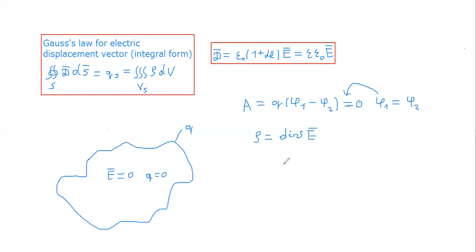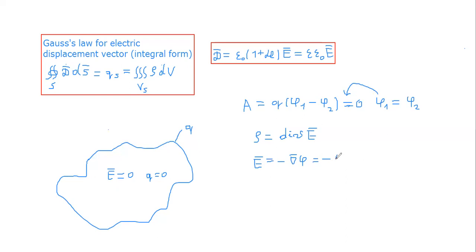And we can always remember that electric field intensity is equal to minus gradient of electrostatic potential. But what is the gradient?